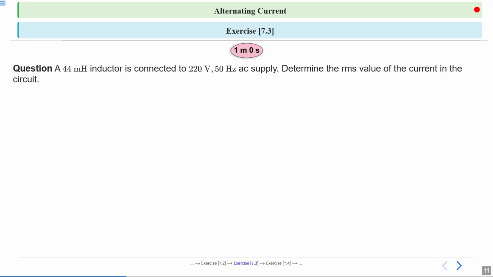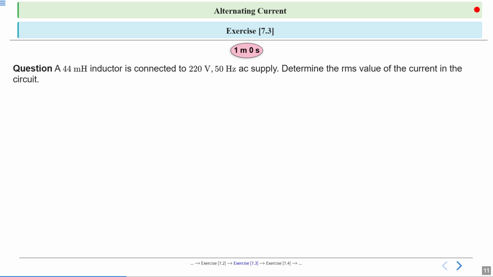Now next, exercise 7.3. A 44 millihenry inductor L is connected to a 220 volt, 50 hertz AC supply. Determine the RMS value of current in the circuit. Okay, so this is a case of a purely inductive circuit because no other component is present.